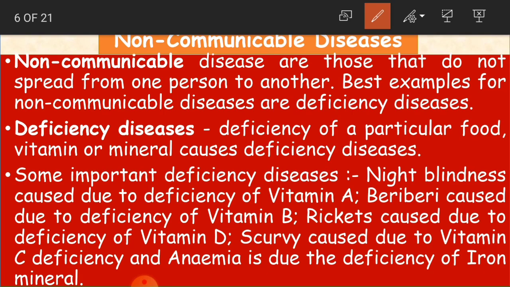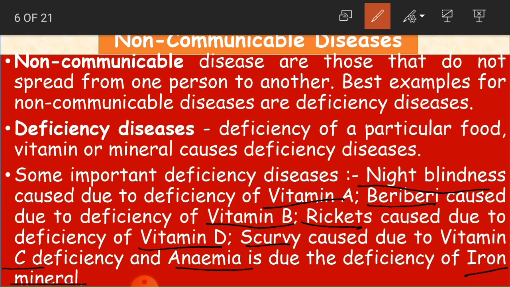So these are non-communicable diseases. Night blindness is caused because of vitamin A. Beriberi is vitamin B. And rickets is vitamin D. Scurvy is vitamin C, and anemia is iron and mineral deficiency.